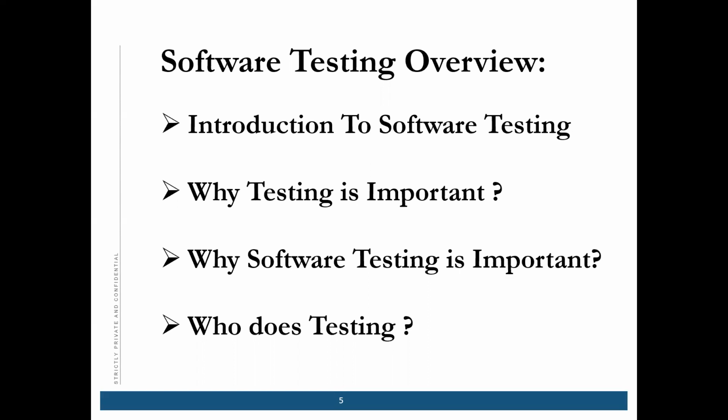So the tester can identify errors, gaps in requirements, or missing elements in a project or system, whichever you are testing. Testing can be done either manually or with the help of an automation tool available in the market. It all depends on your client, whether the client wants your application to be tested manually or with the help of an automation tool.